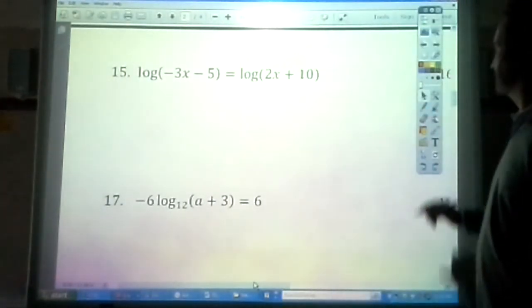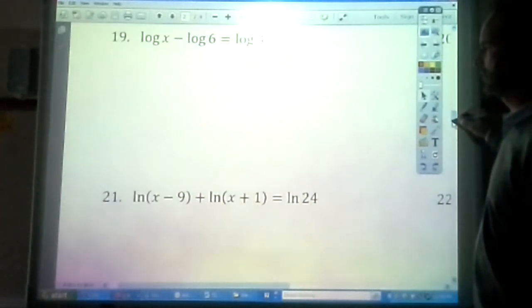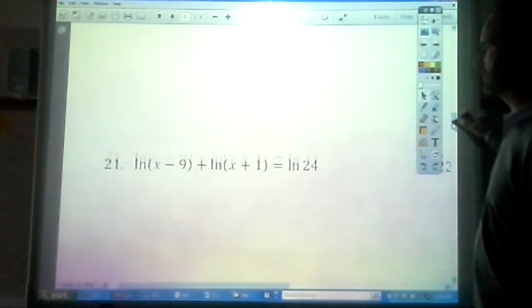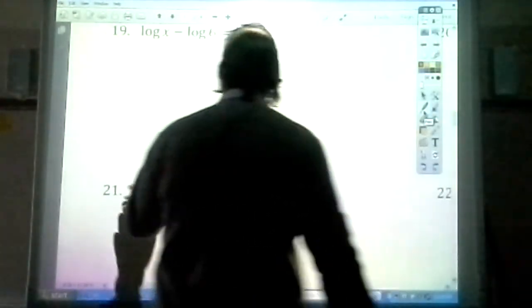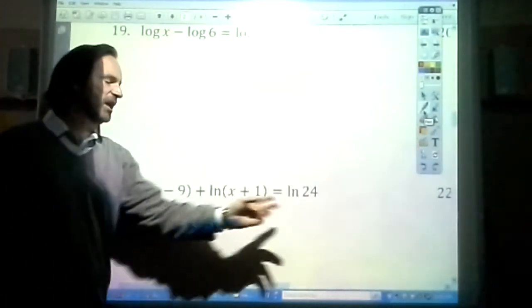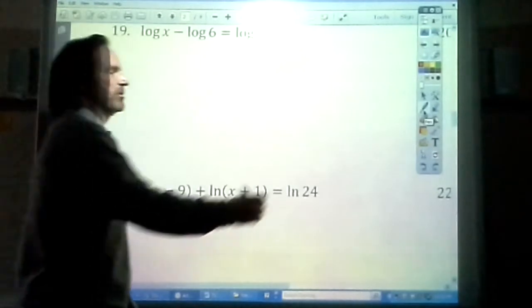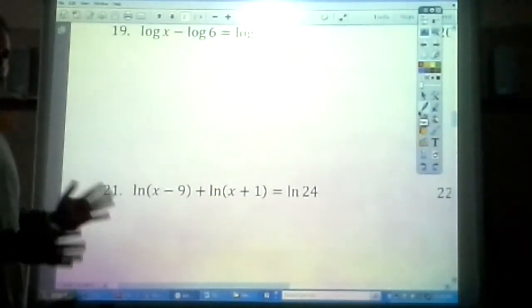The only caveat to some of that would be like this. Again, when we got logs on both sides, this is going to equal this, but first we need to rewrite either the multiplication or the addition or subtraction to get it to be one thing.